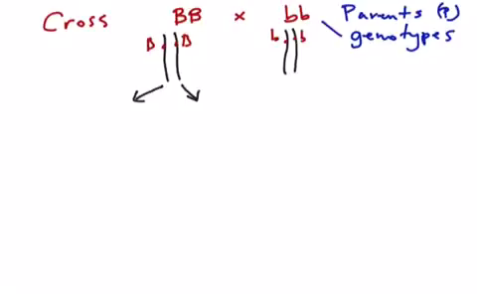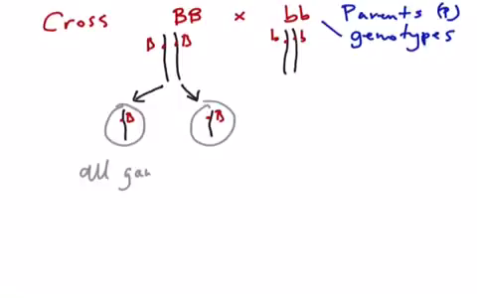So half of the sex cells in this mouse will contain the chromosome with big B, and the other half of the sex cells will contain the other chromosome. In this case, each half of the sex cells will be identical because it's big B, big B. So all of the gametes from this mouse will contain a big B.